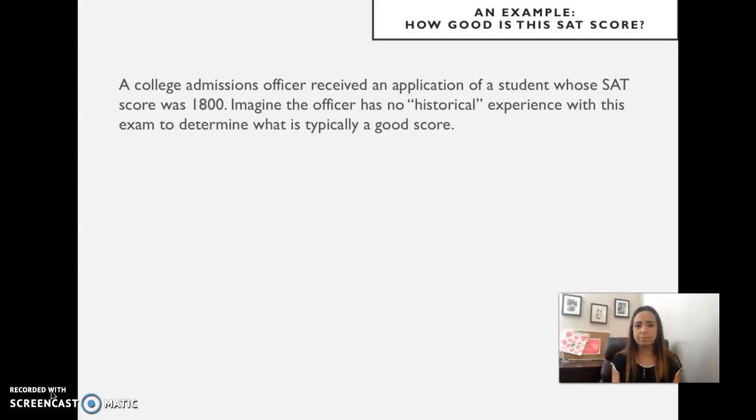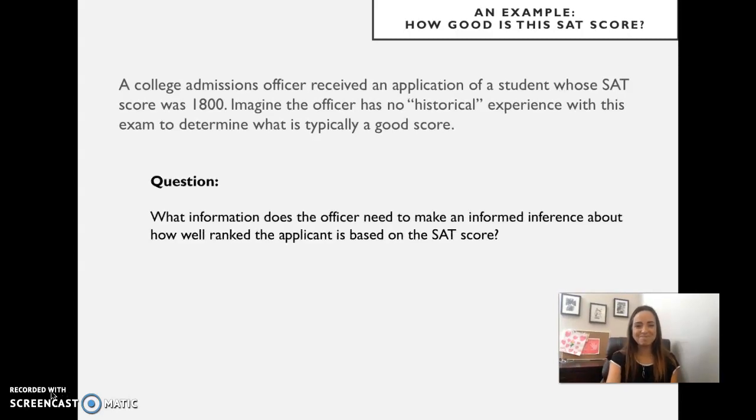Imagine the officer was somebody like me that has no historical experience with this exam to determine what is typically a good score. It may be the case of some of you that are not from the United States, we have no idea what a score of 1800 even means, right? So we need to put things in context.